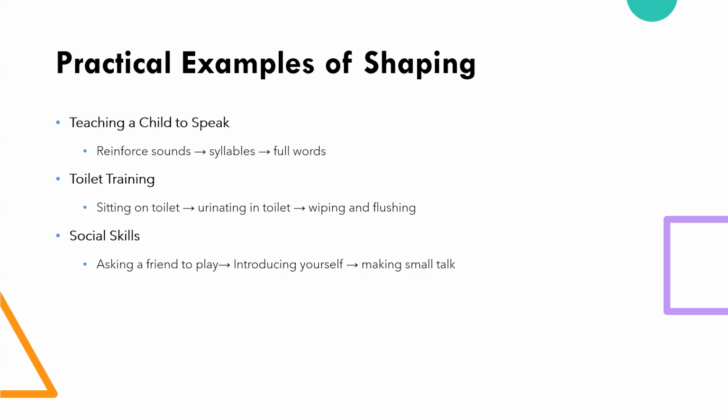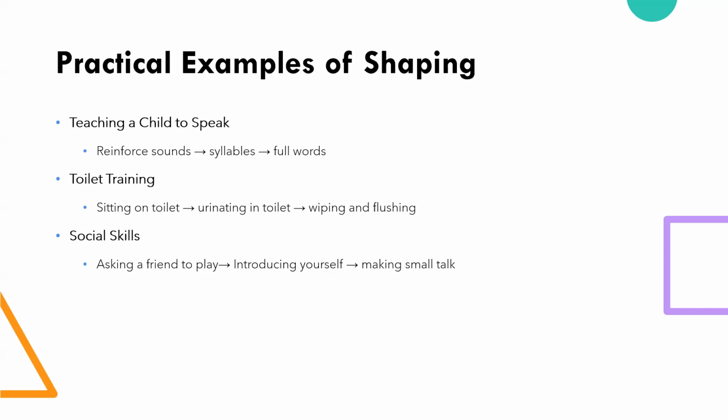Toilet training is another common example because there's a lot of steps, and you can always use shaping and chaining together because often there's a big chain, a set of behaviors that are required to complete a full task. When you use the bathroom, you have to sit on the toilet, you have to pee in the toilet, you have to wipe and flush, and you have to wash your hands.